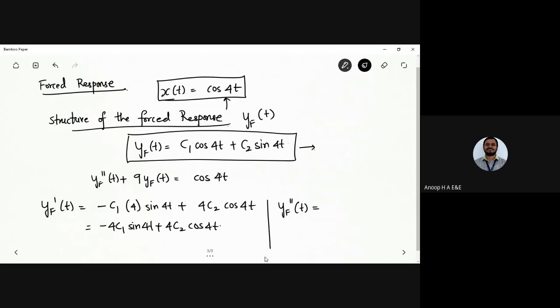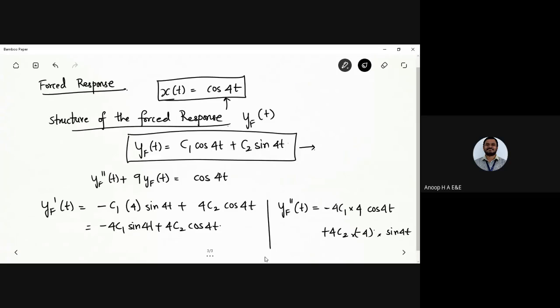Now I have minus 4c1 into 4, I am doing it slowly, that would be cos 4t, plus 4c2, where cos 4t differentiates to minus 4 into sin 4t.